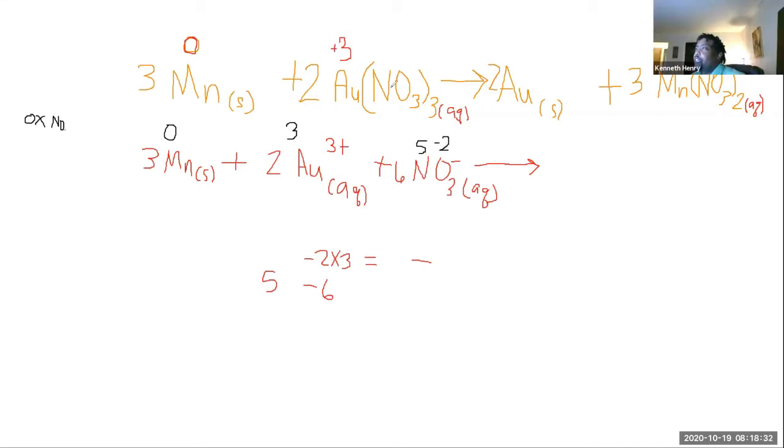Okay. On the other side of the equation, the product side, we have our gold metal. So if we're looking at the total ionic equation for this, what would that be?